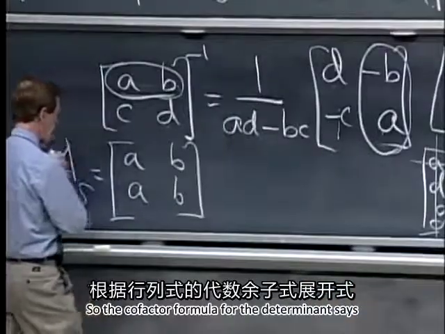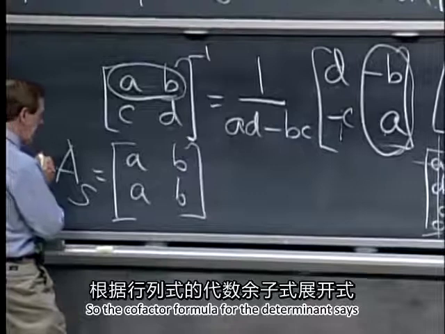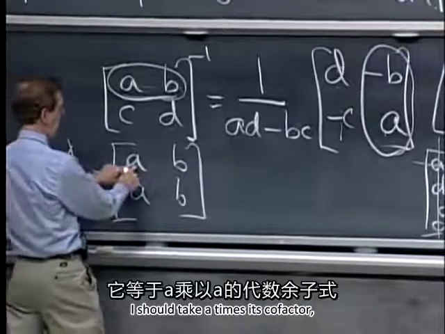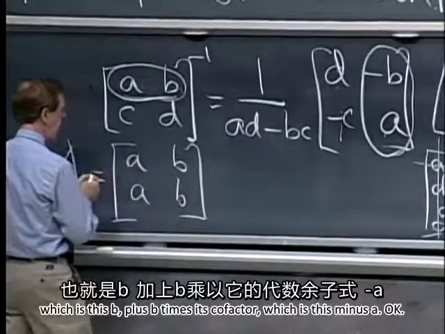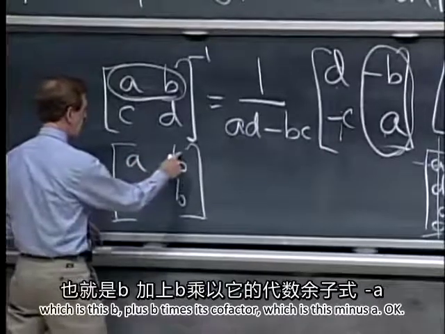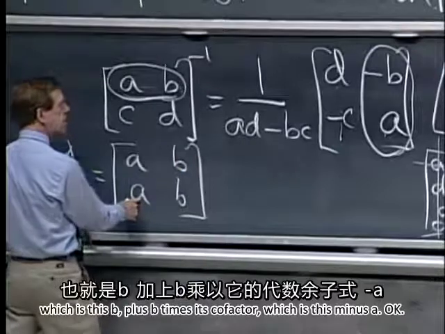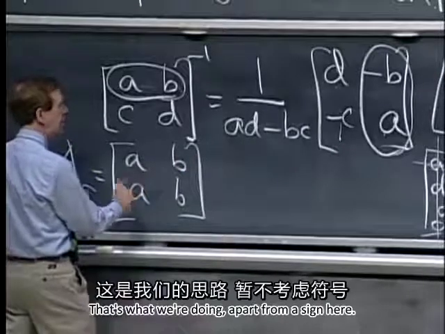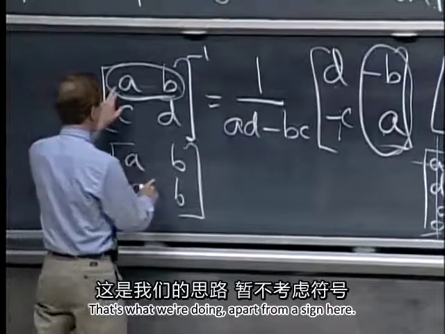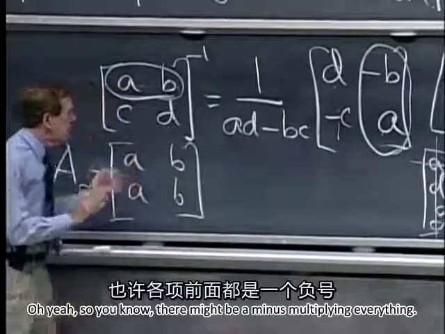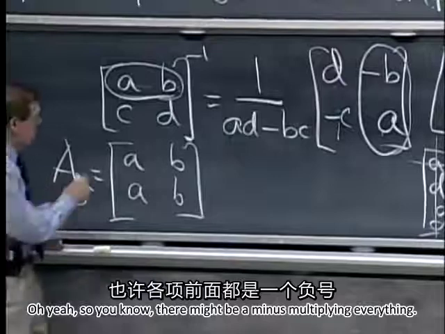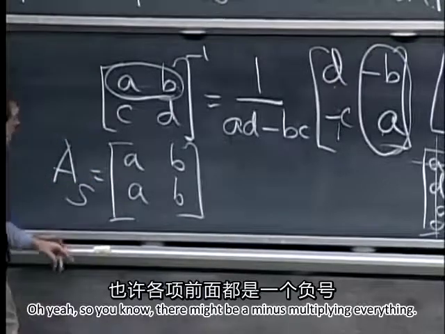The cofactor formula says I take A times its cofactor, which is this B, plus B times its cofactor, which is minus A, apart from a sign, since there might be a minus multiplying everything.